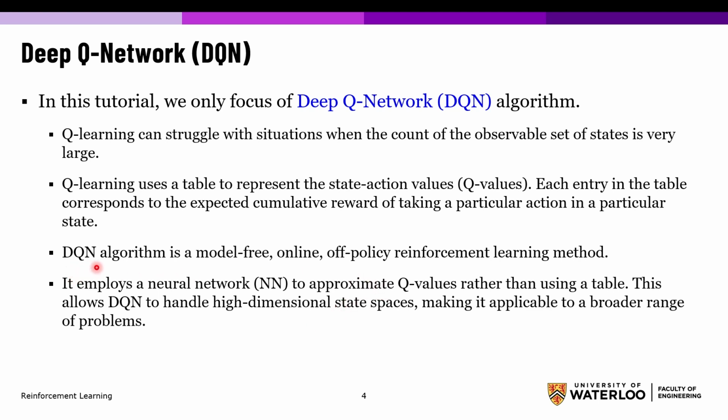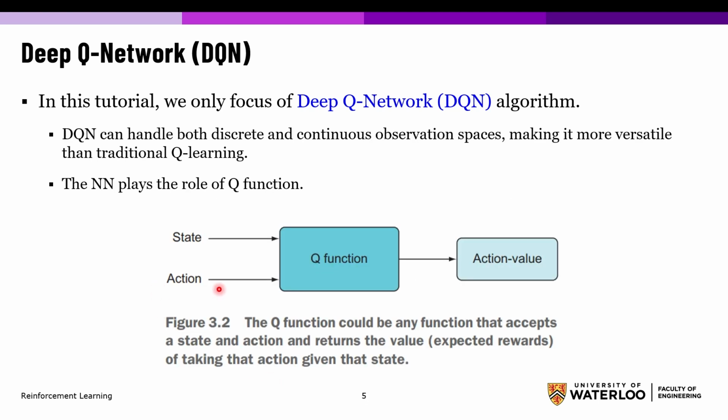In this case, the DQN algorithm is a model-free online off-policy reinforcement learning method that, instead of the Q table, employs a neural network as a function approximator. That function approximator acts as the table, takes the states and actions, and produces an action value for that state and action.